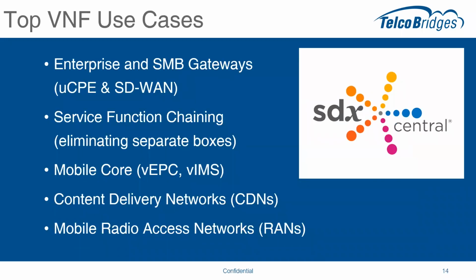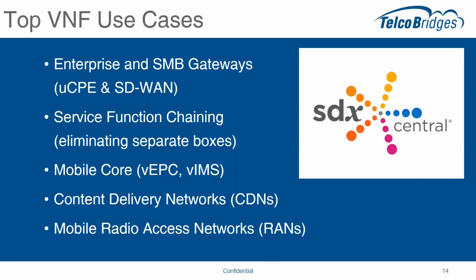And some of the analyst reports, just taking a peek at what some of the analysts are saying, one of them was, what are some of the top VNF use cases? Where is this getting used and deployed? And by far the most common is this enterprise and SMB gateway. It's as we talked about, the branch office, the retail outlet, these kinds of situations. Leveraging Universal CPE and SD-WAN is one of the first things. We're also seeing it used heavily in service chaining applications, right?